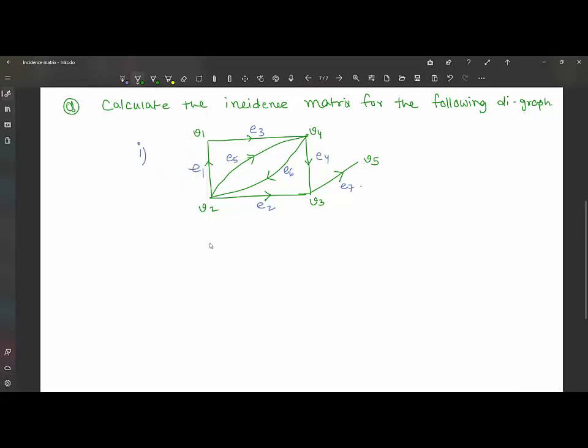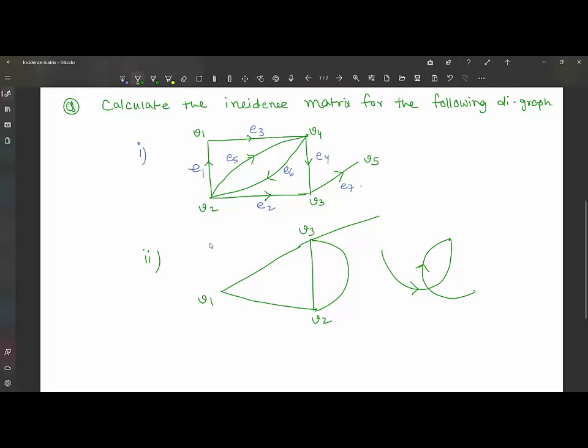Number two, another problem, is for the disconnected graph. Just take it as V1, V2, V3, V4, V5, V6, V7, and the directions are like this.